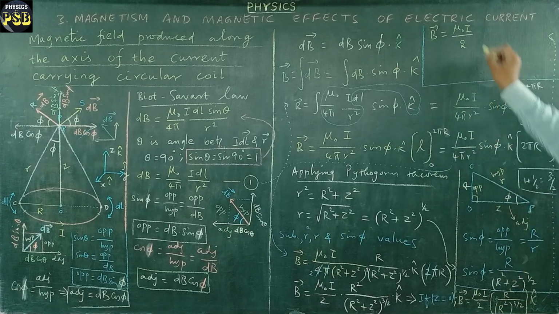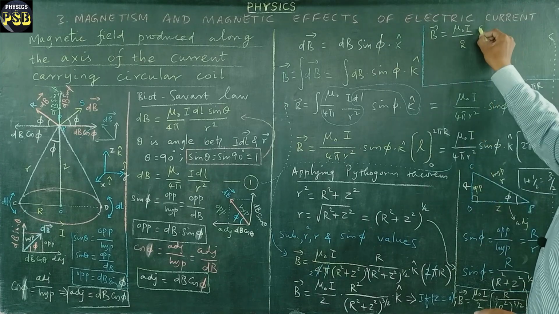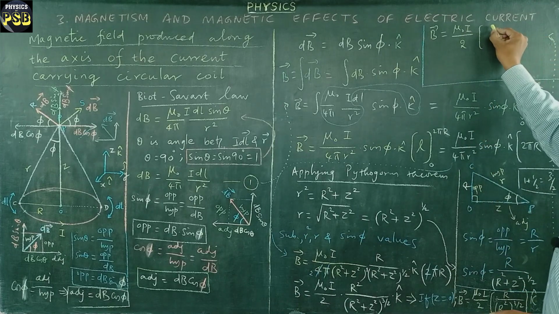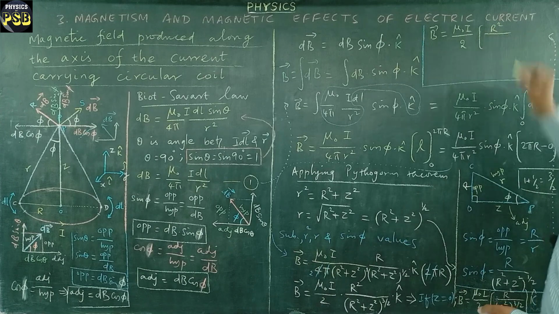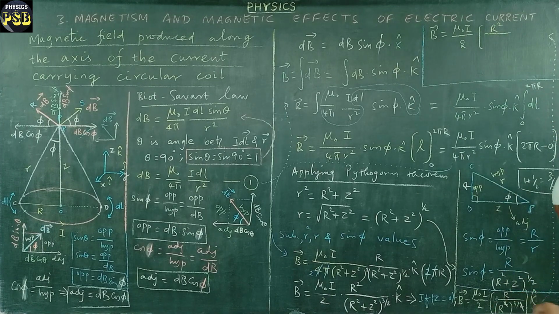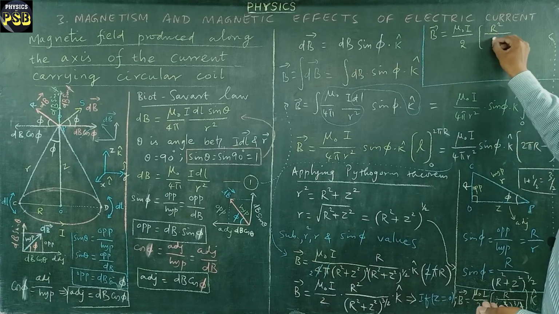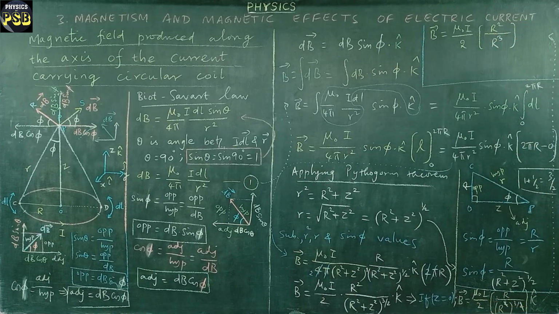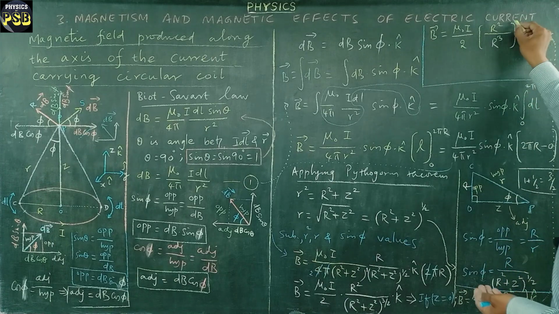Note mu naught I upon 2. Here, see what happened. R square and this half will cancel, and what remains is R cube, K cap.